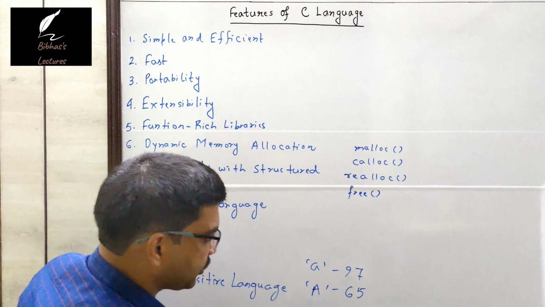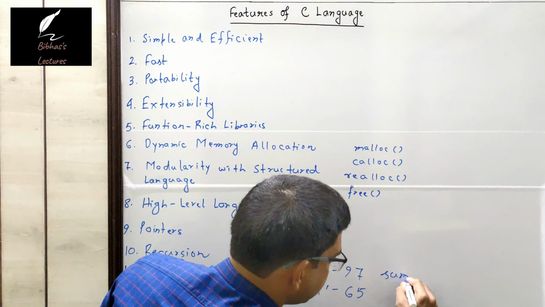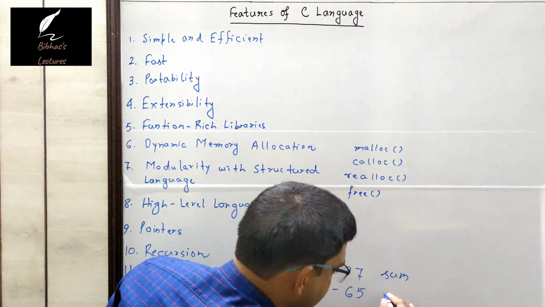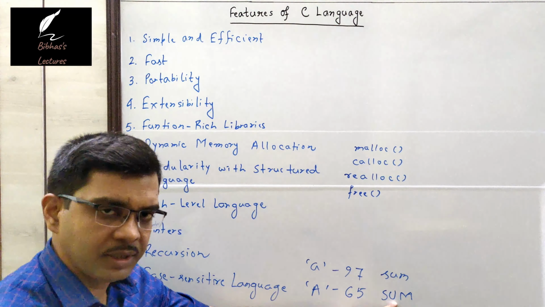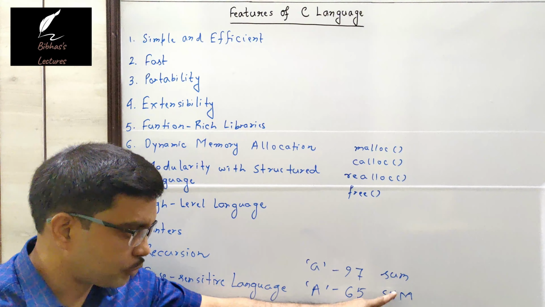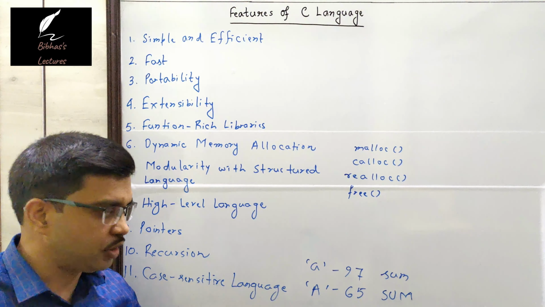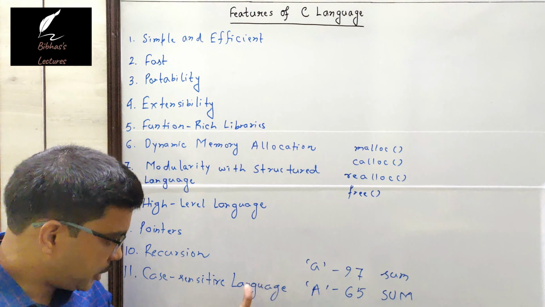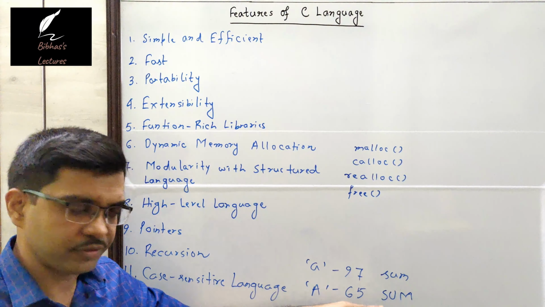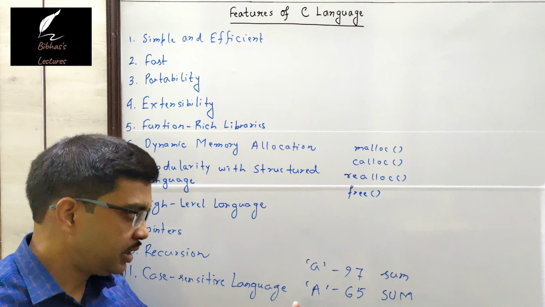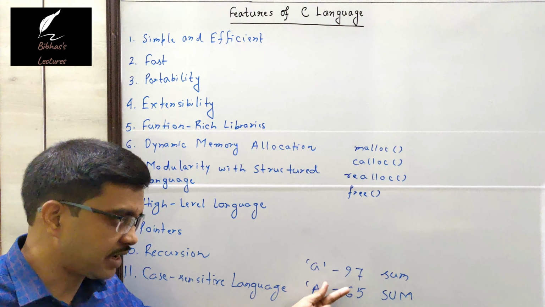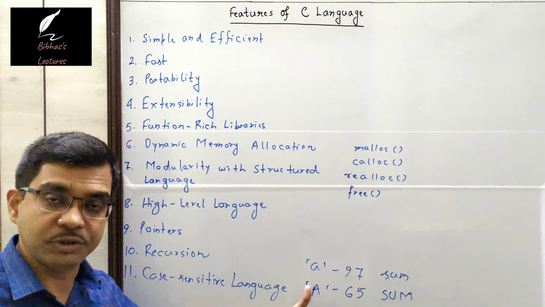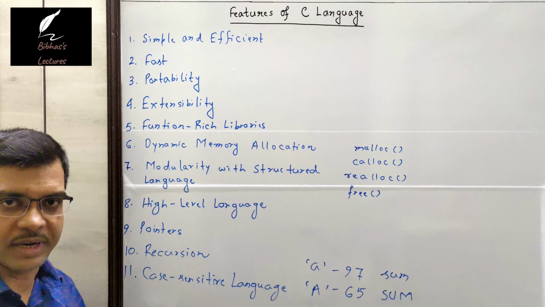Similarly, if you declare a variable sum in lowercase, and another SUM in uppercase, these two variables are totally different, because C is a case sensitive language. It will treat lowercase and uppercase letters differently. Similarly, whenever you mention a character, since their ASCII values are different, it will be treated differently.